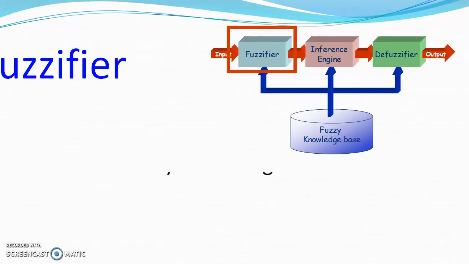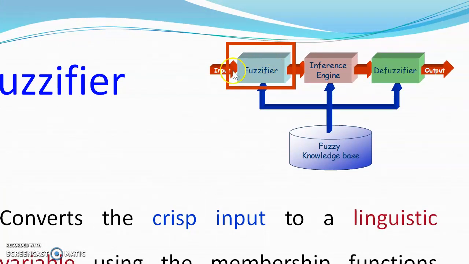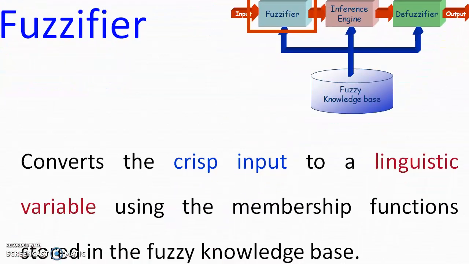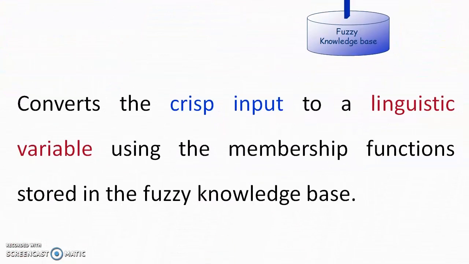If we are talking about the first building block, that is the fuzzifier, then what is the function of fuzzifier? So fuzzifier basically receives one crisp input, and this crisp input is converted into some linguistic variable using the membership functions, and we know that the membership functions are stored in the fuzzy knowledge base.